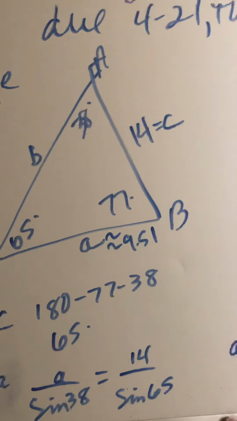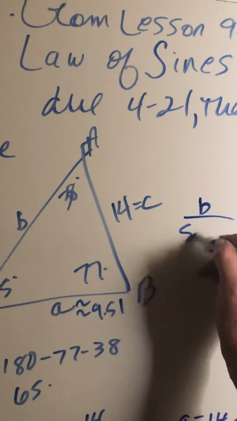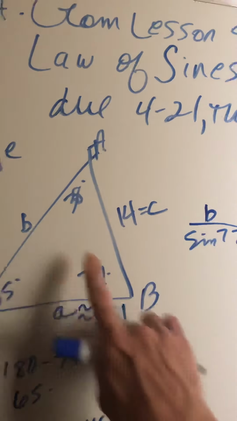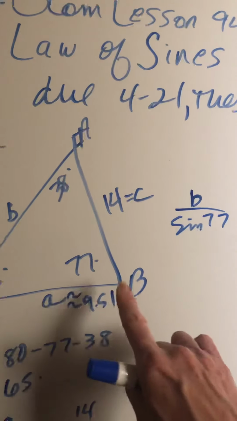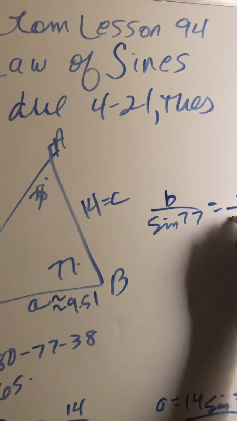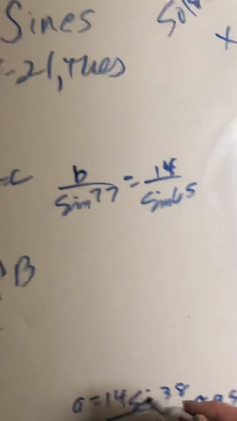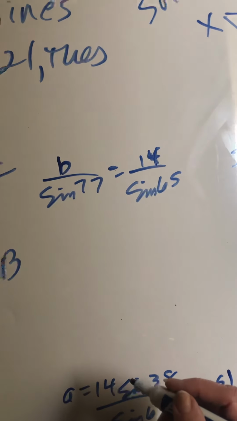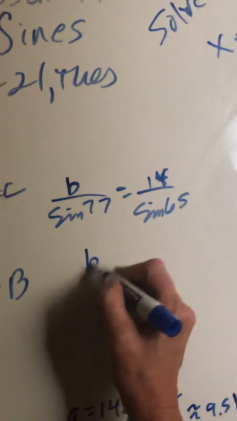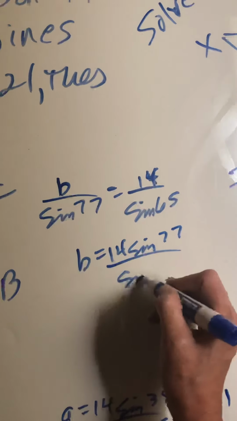Now we need to find side B. So I'd put B over sine 77, because they're opposite each other, B and 77. Then I'm going to use the 14 and sine 65 again. So that's to solve for B. Then B is going to be 14 sine 77 over sine 65.